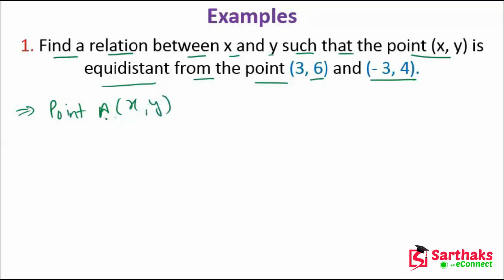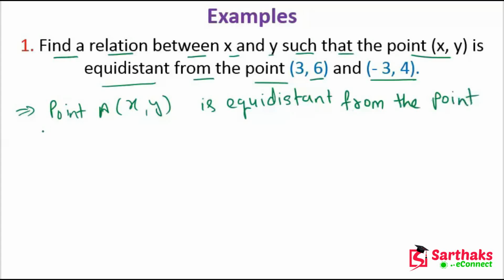This point A is equidistant from the point P (3, 6) and point Q (-3, 4). Now we have to find the relationship between x and y.